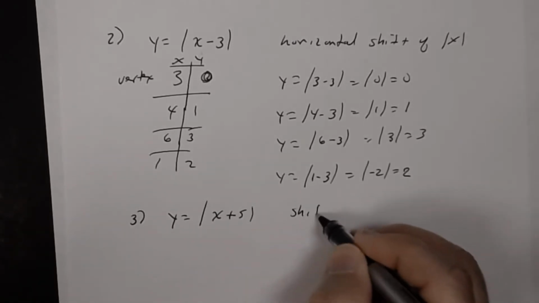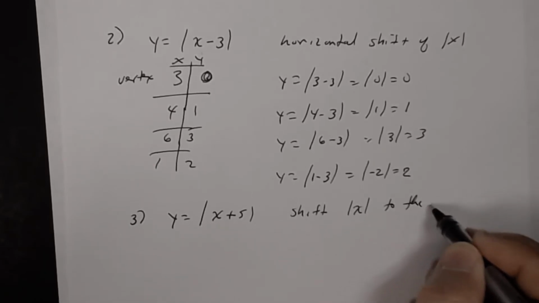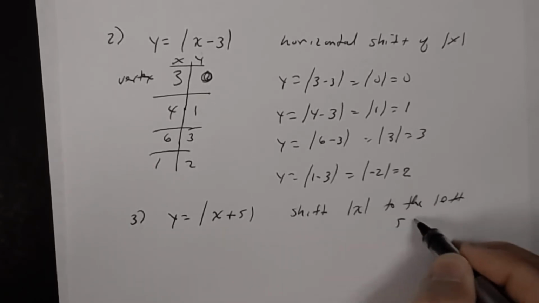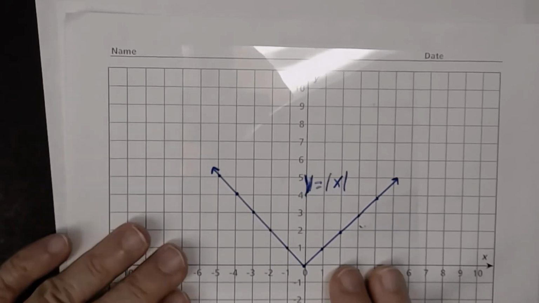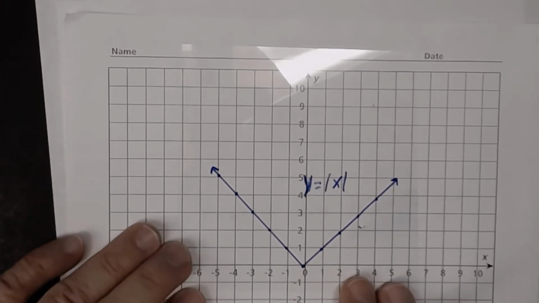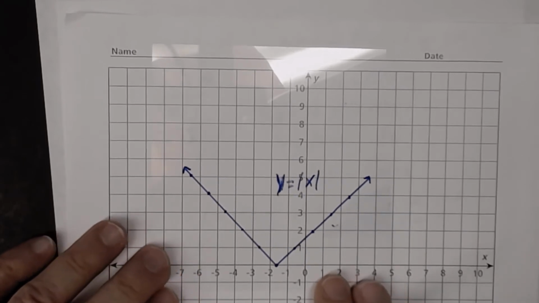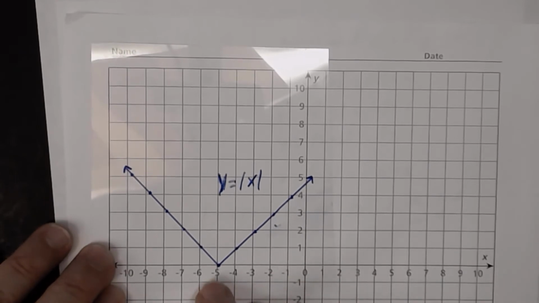So I'm going to shift the absolute value of x to the left 5 units. So I'm going to shift the absolute value of x to the left 5 units, meaning this. So remember the absolute value of x, the vertex is at the origin. So now, if I move this to the left 5 units, 2, 3, 4, 5, my vertex is now -5, 0.